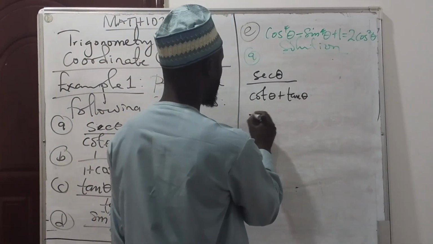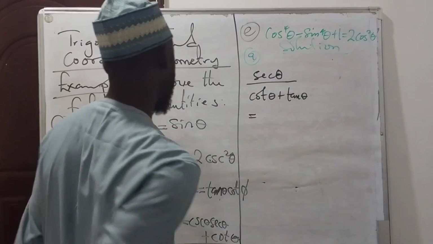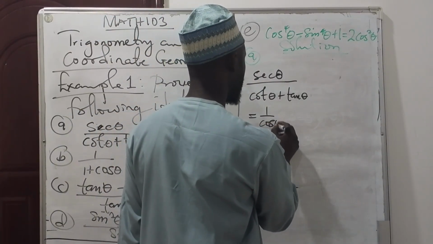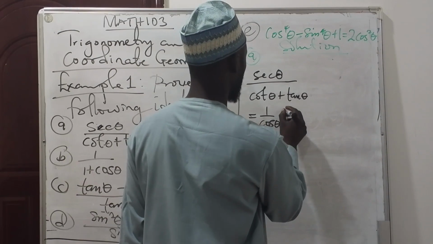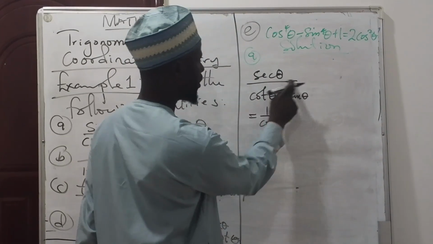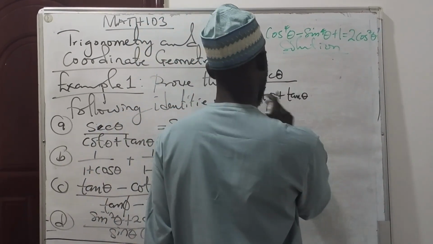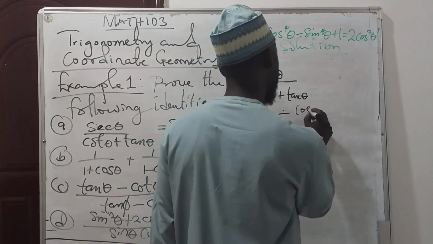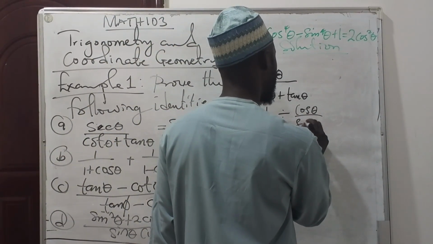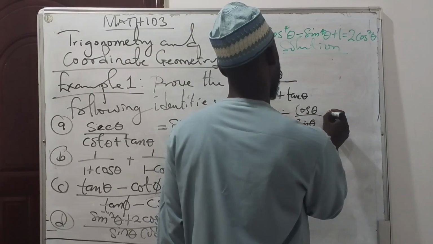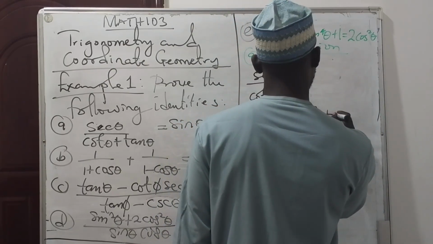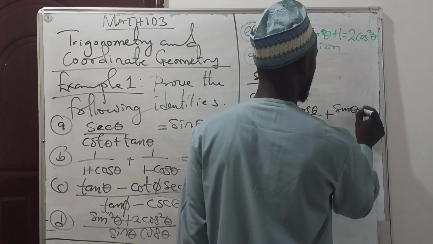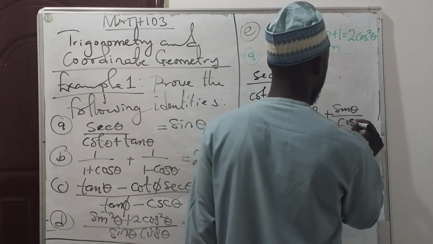Sec theta is 1 over cos theta, divided by, this is the division line, cot theta, which is the reciprocal of tan, so this is cos theta over sine theta, and then plus tan theta, which is sine theta over cos theta.